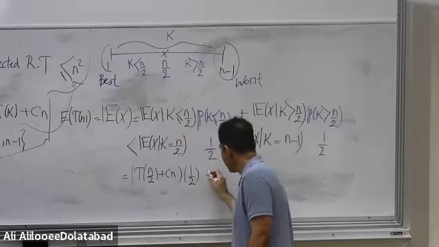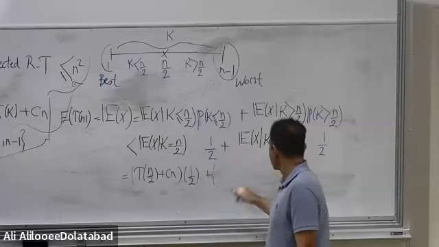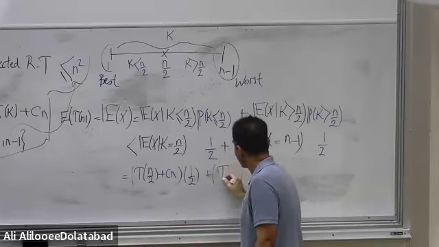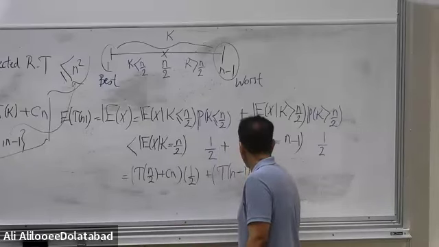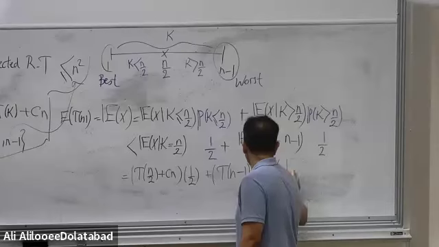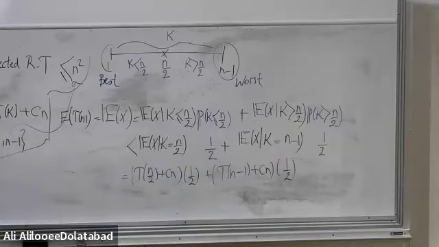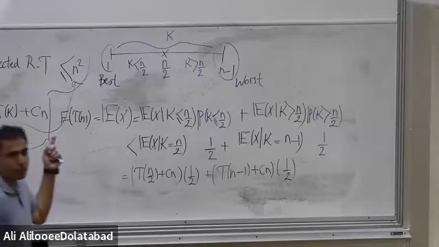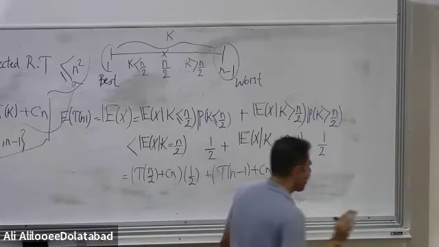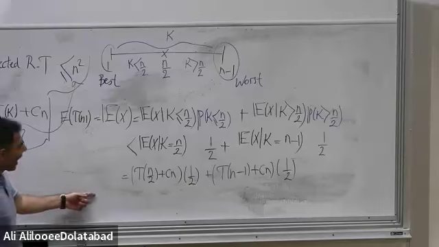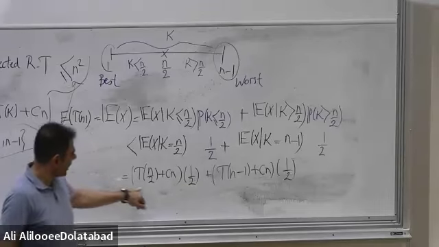And for the second one, you just need to replace k in this recurrence with n minus 1. Then you have T at n minus 1 plus cn times 1/2. By using just one fact, that the spectrum for values of k has an increasing trend, you could write these inequalities. And these inequalities tell us this expected value is less than this.